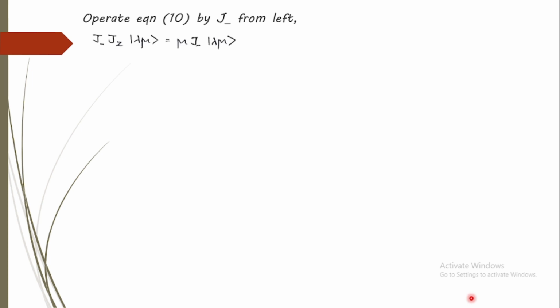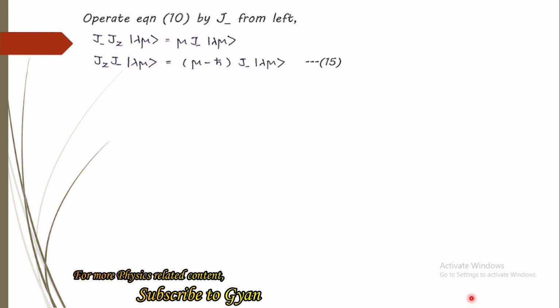So considering equation number 10 and operating, we get this equation. Again we have the commutation relation of jz with j minus. Making use of it, we can write the above equation in the form of equation number 15.